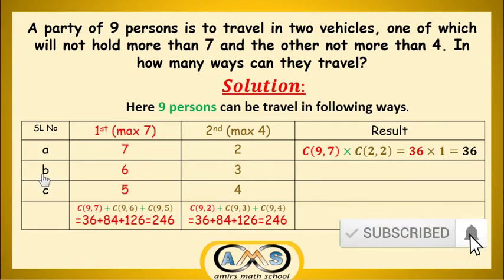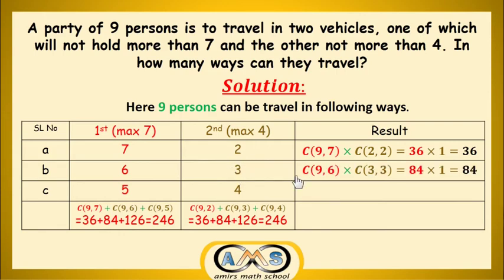In case 2, for the first vehicle, select 6 from these 9 persons, and the rest 3 are selected for the second vehicle. For the second vehicle, we have to select 3 out of 3. That is, the result will be C96, select 6 from 9 and select 3 from the rest 3.